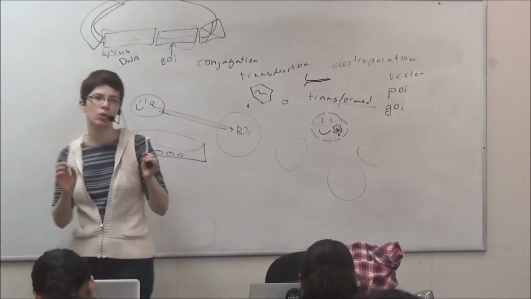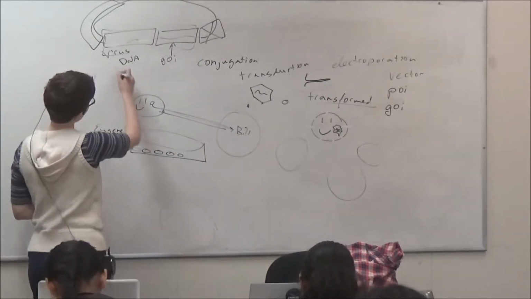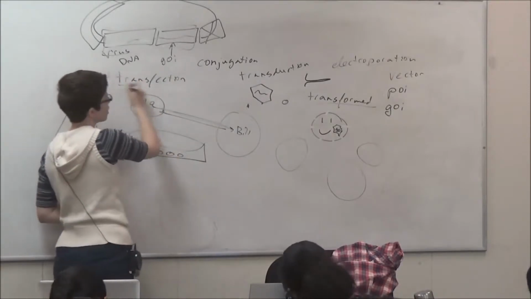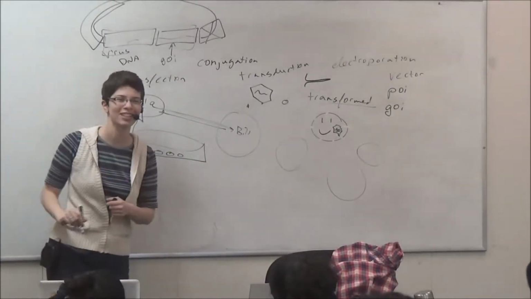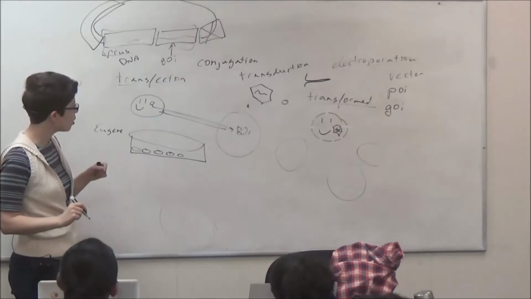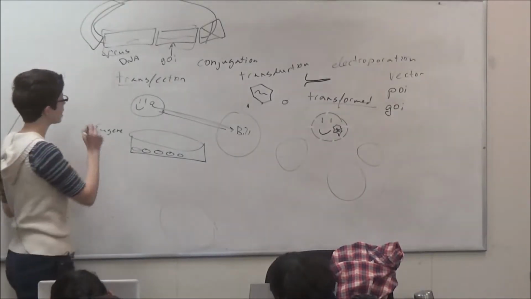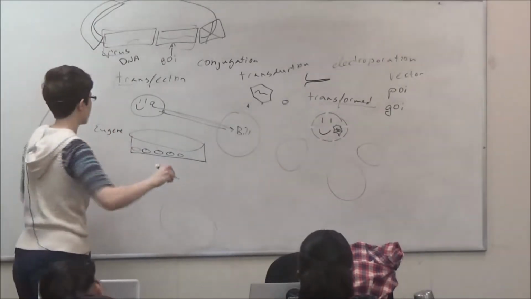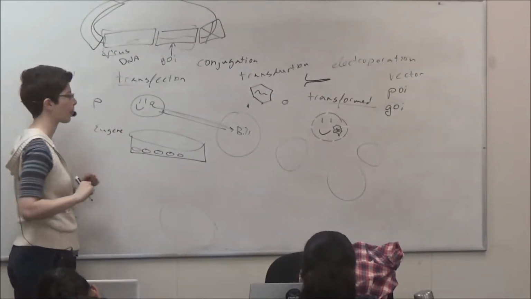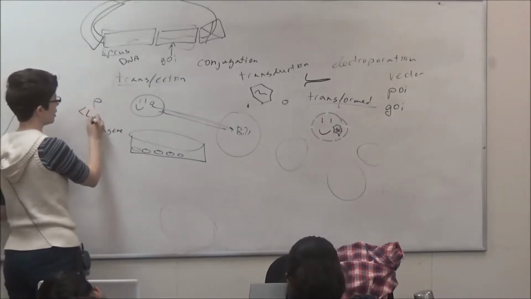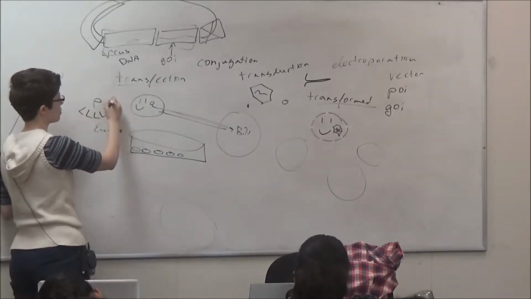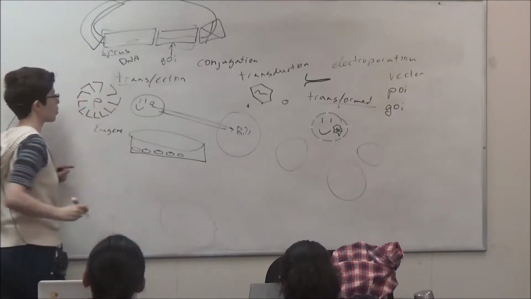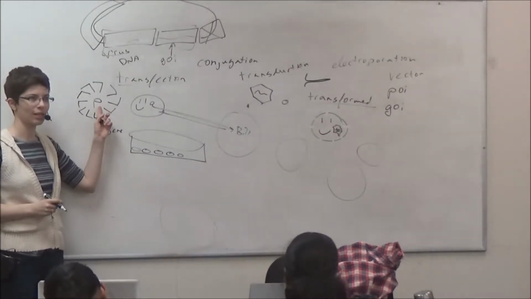So what we're going to do is something called transfection, like transformative infection. We're going to add a special lipid to the plasmid. So you have your plasmid, P, and you add a special lipid, L, that surrounds your plasmid.